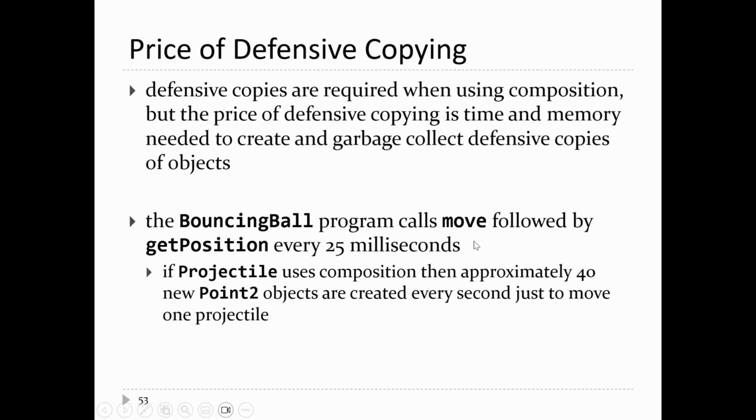So there is a price to be paid for composition. It's not free. And so for things like the bouncing ball program, you would probably decide to live with aggregation, so you'd prefer not to make these copies all the time, and live with the fact that somebody else might be able to change the state of your projectile.